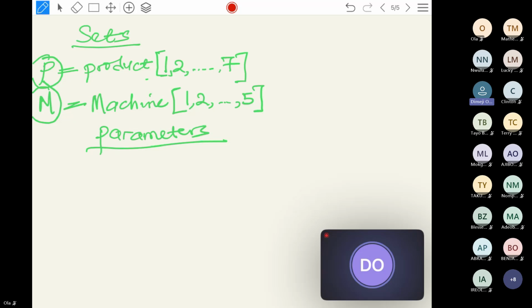What do you think are the parameters from the question based on how I've defined parameter before? What stands as a parameter in the question? Anyone?